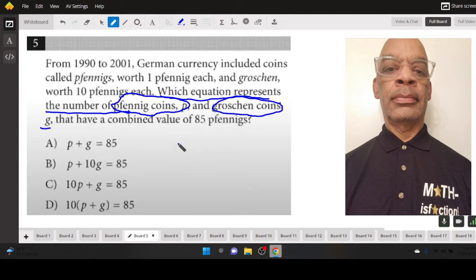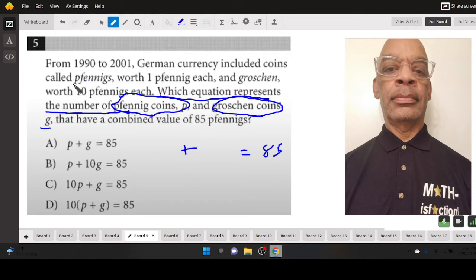So we need the Pfennig coins plus the Groschen coins to equal 85. Combining them seems like an addition problem. Some combination equals 85, in every choice. No answer is eliminated.